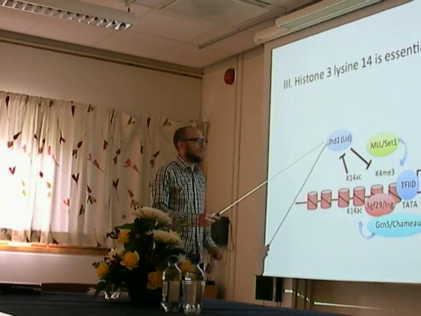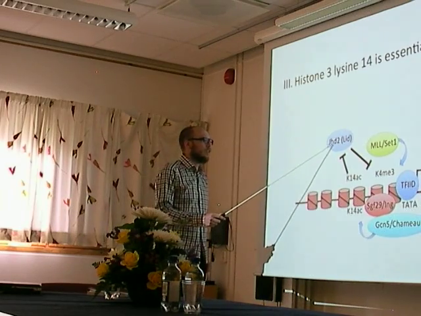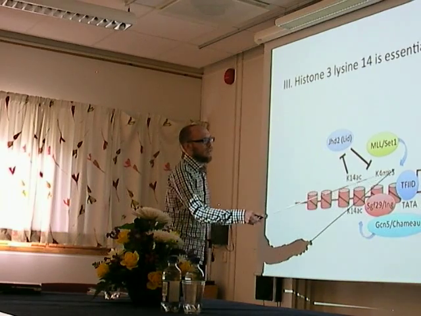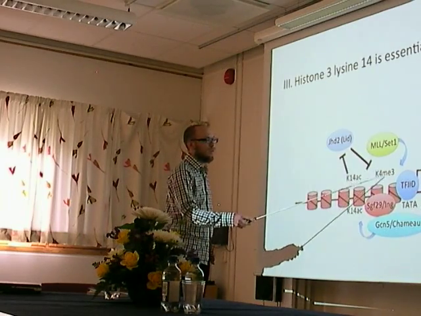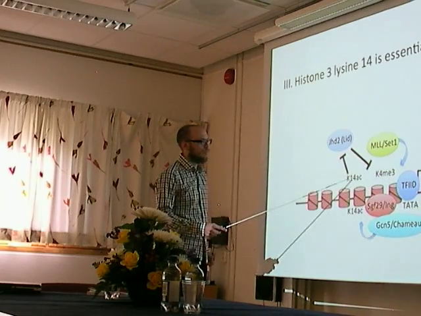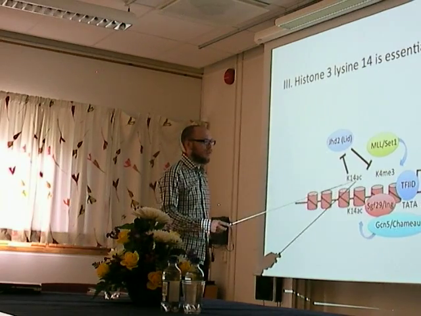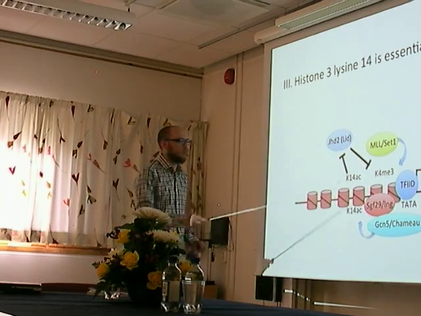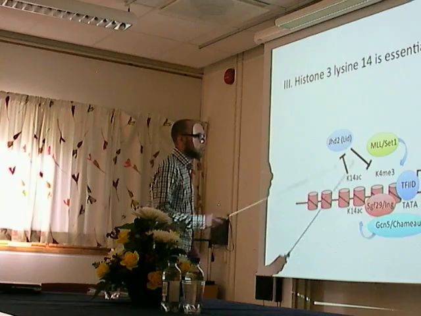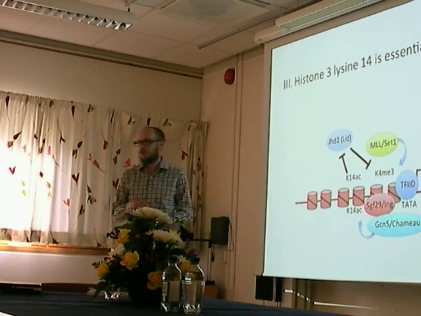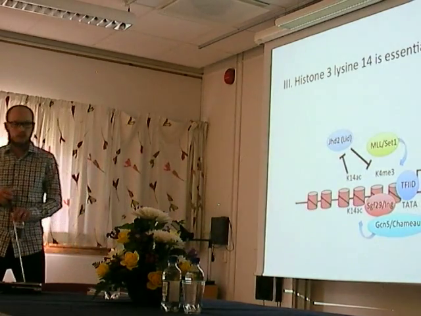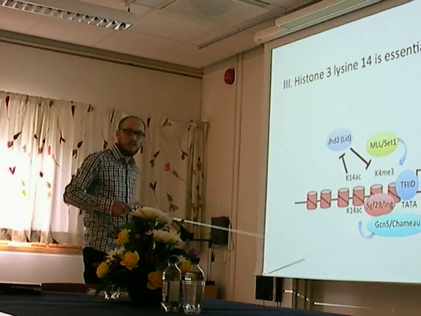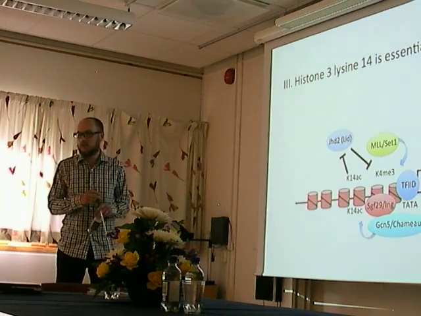It's been shown in yeast that the JHD2 enzyme can demethylate K4 trimethylation. But if we have K4 acetylation, this will inhibit the enzyme from working. In this way, we will build up the levels of K4 and K14. So we are now interested in studying K14 acetylation and its role in development and gene regulation.